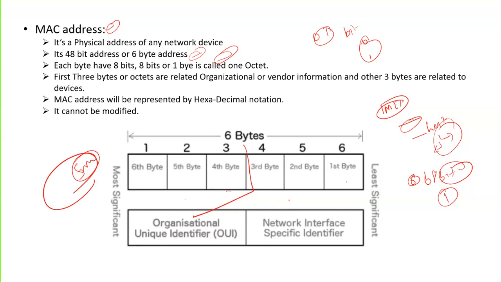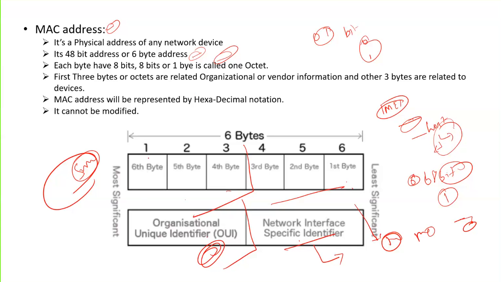The other 3 bytes are related to the network interface card, like the IMEI number of a mobile. If you take a printer, it should have some MAC address. It's a physical address. The first three relate to who manufactured the printer, and the other three relate to the specific device.